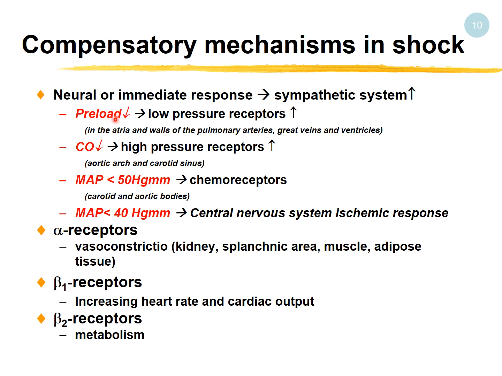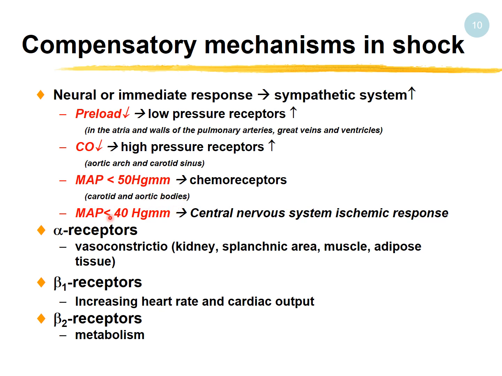If, for example, the preload decreases, the low pressure receptors fire, and these are located in the arterial wall, the pulmonary arteries, the great veins and the ventricles. When the cardiac output decreases, the high pressure receptors sense it; they are located in the aortic arch and the carotid sinus. The chemoreceptors usually turn on when the mean arterial pressure decreases below 50 mmHg, and these are located in the carotid and aortic bodies.